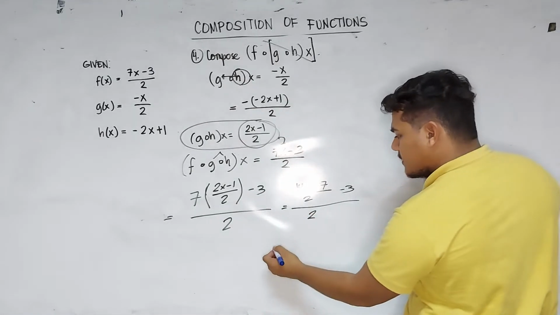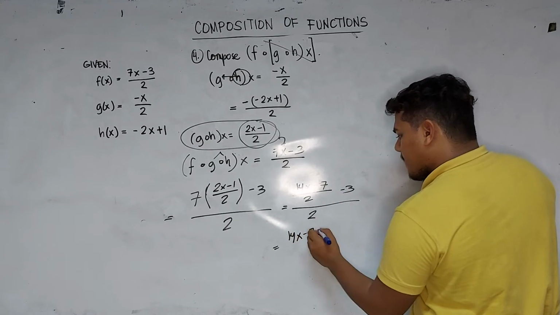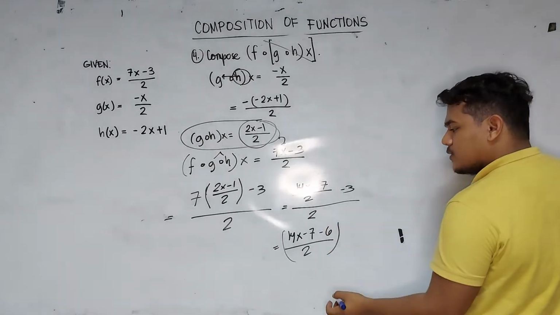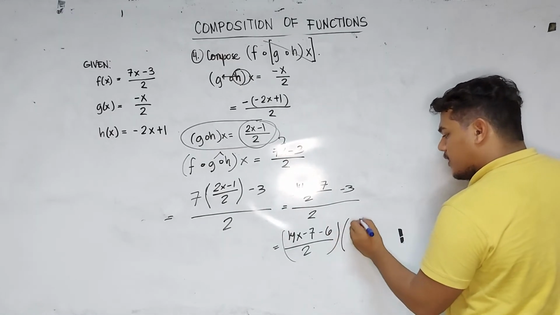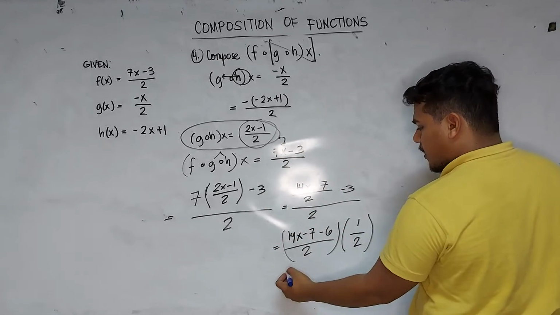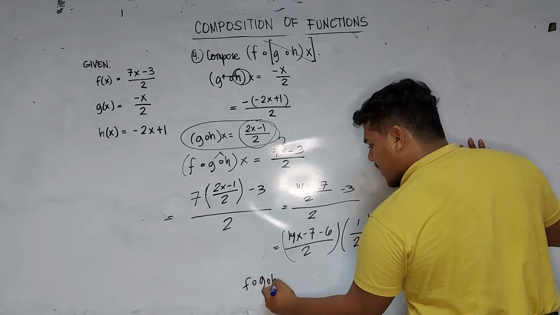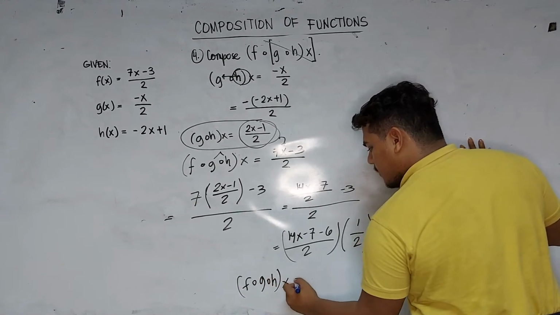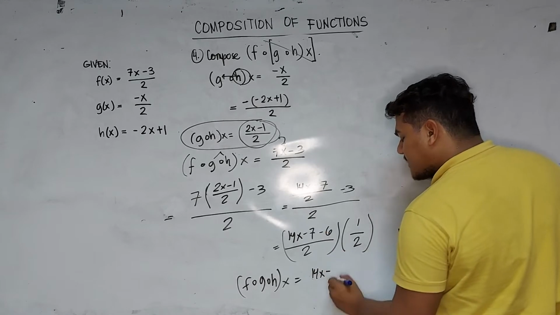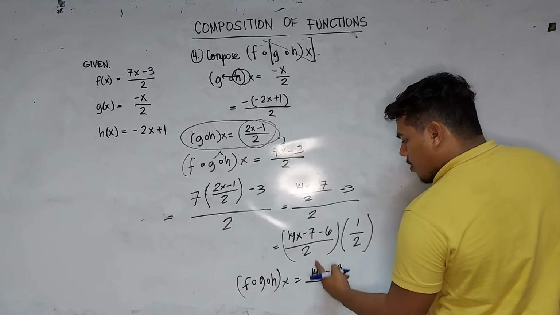Okay, what do we do next? 14x minus 7 minus 6 over 2. What happens to the denominator? Reciprocate. This becomes 1/2. So our final answer for f composed of g composed of h of x is equal to 14x minus, combine like terms, negative 7 minus 6, 13 over 4.